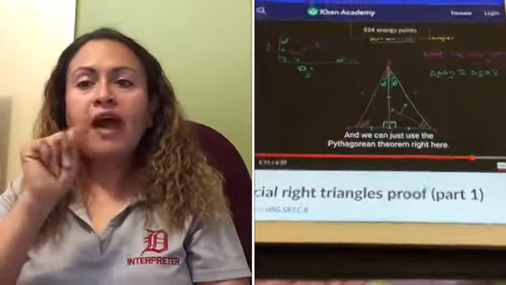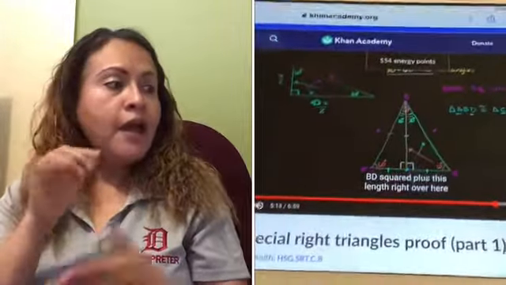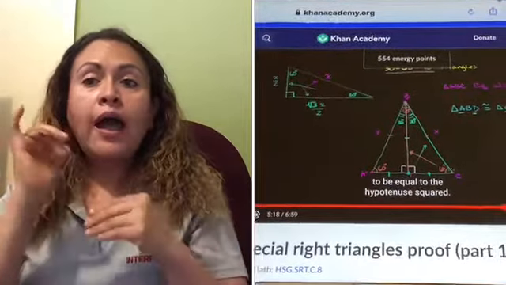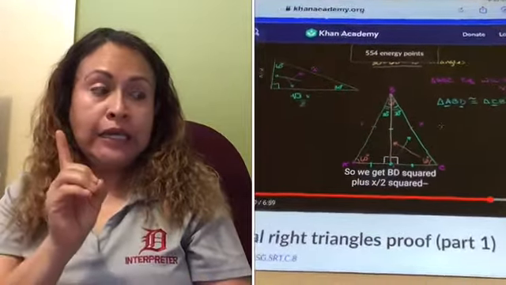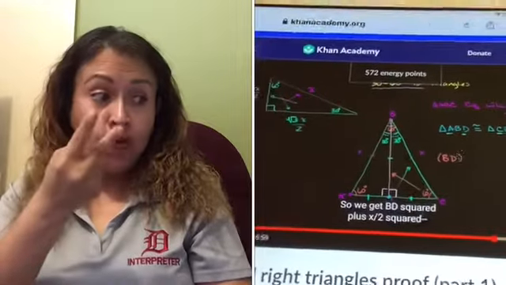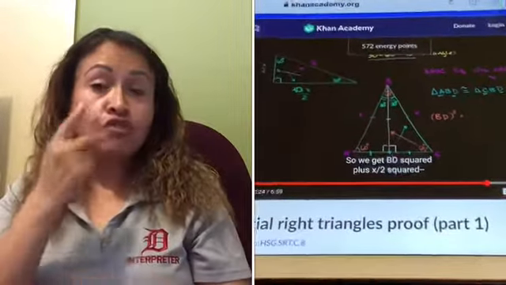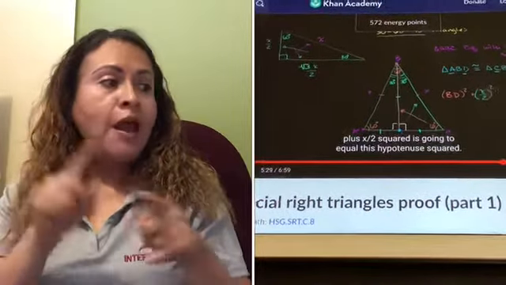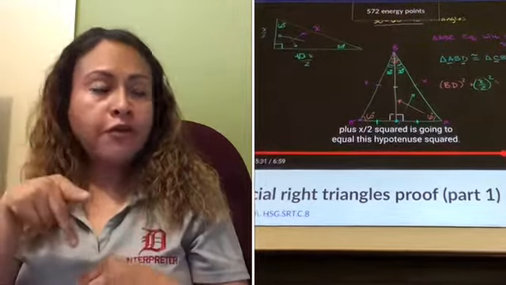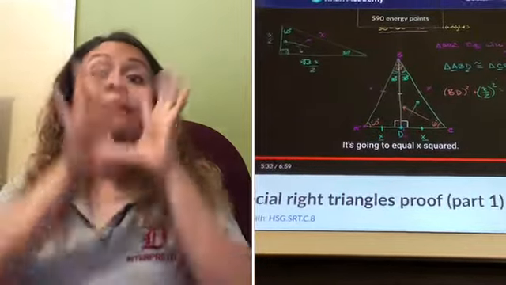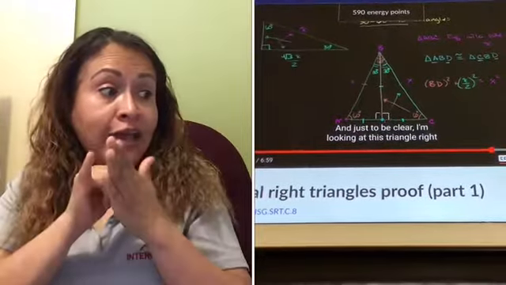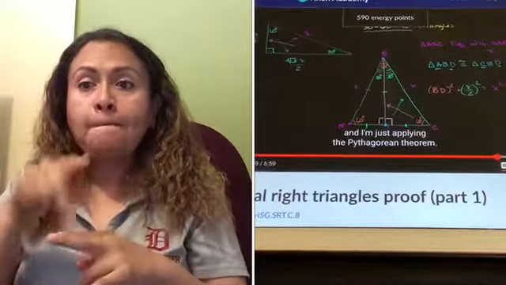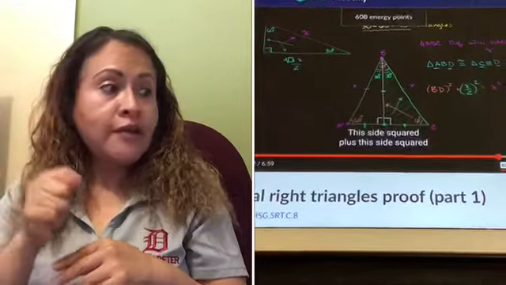BD squared plus x over 2 squared is going to equal the hypotenuse squared, which is x squared. This is just straight out of the Pythagorean theorem. And just to be clear, I'm looking at this triangle right over here on the right, and I'm applying the Pythagorean theorem. This side squared plus this side squared is going to equal the hypotenuse squared.